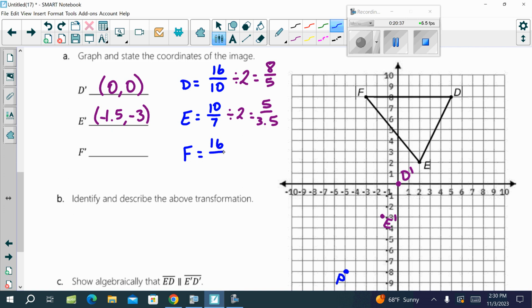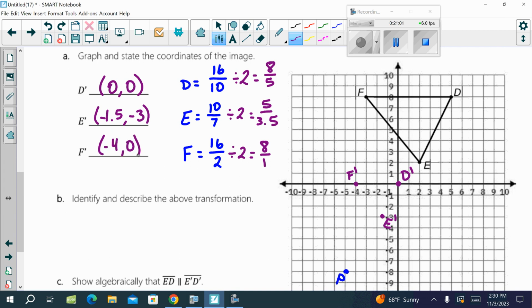How much do we go to the right? 2. We're dividing by 2, so what are we going to have? 8 over 1. So we're going to go up 8, right 1. Where does F prime end up at? What's its ordered pair? Negative 4, 0.